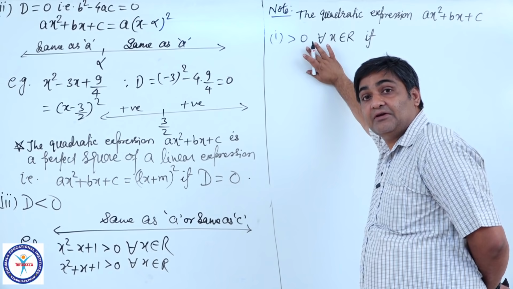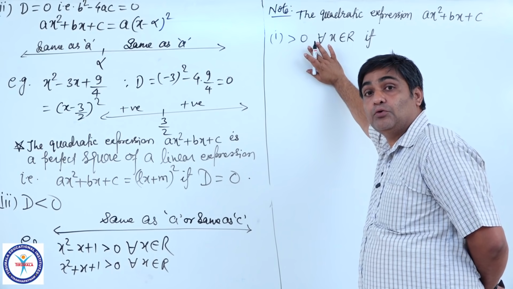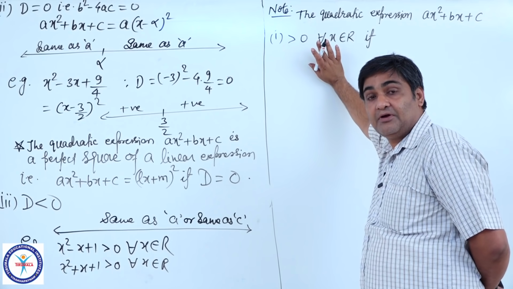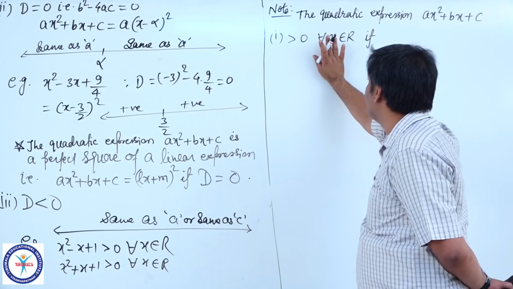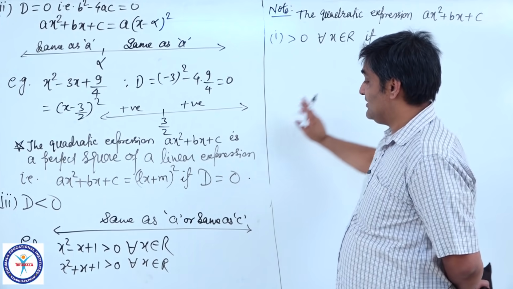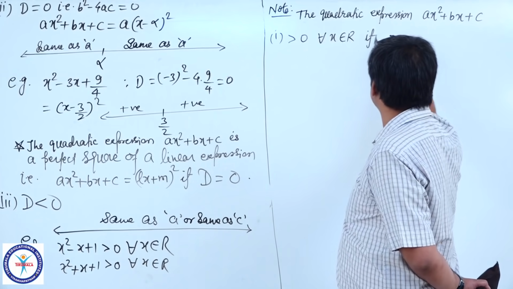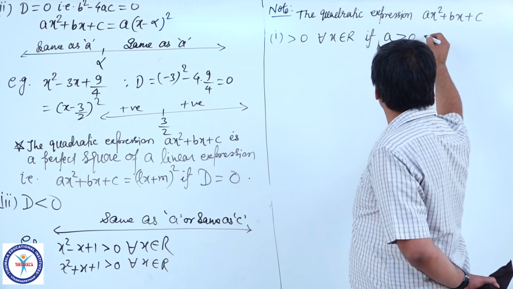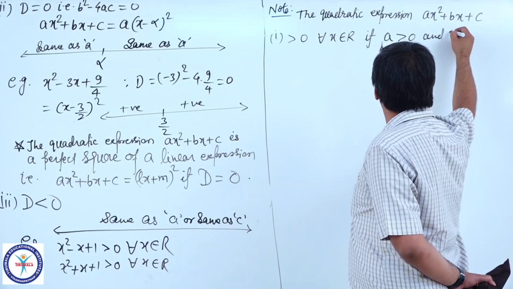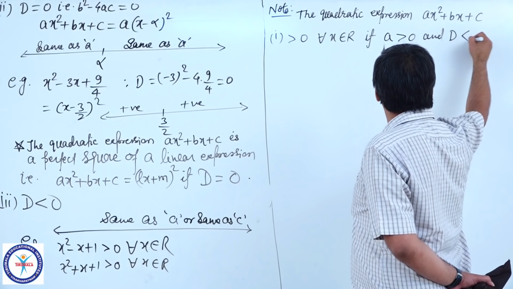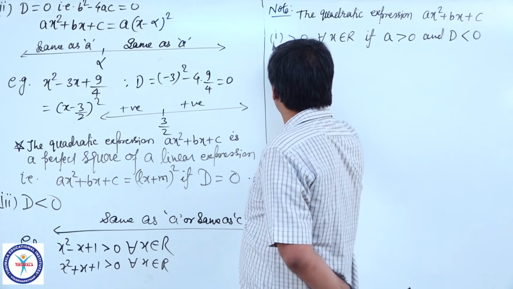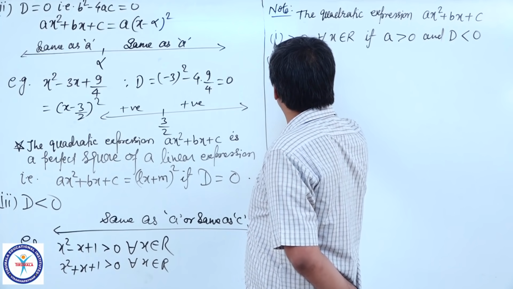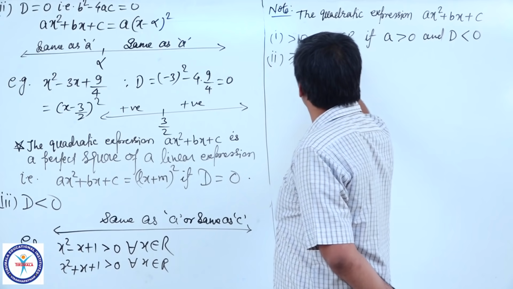Quadratic expression greater than 0 means positive for all real x when it is possible. If a is greater than 0 and d less than 0, d for discriminant.